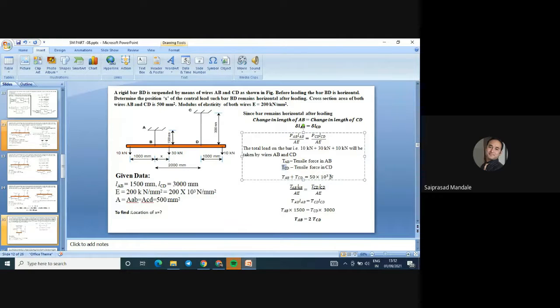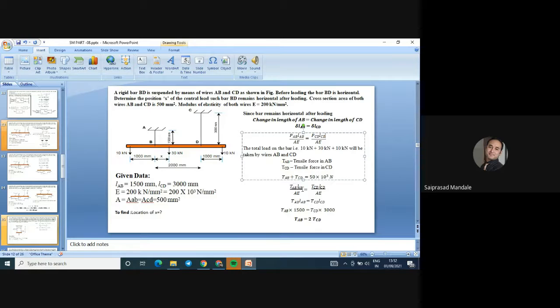How much load is acting on that string? It is the summation of all the load acting: 10 plus 30 plus 10 is the total load, and that total load is divided into P of AB and P of CD. We are putting the values in that equation. A gets cancelled, as both the elasticity and the area will be the same.